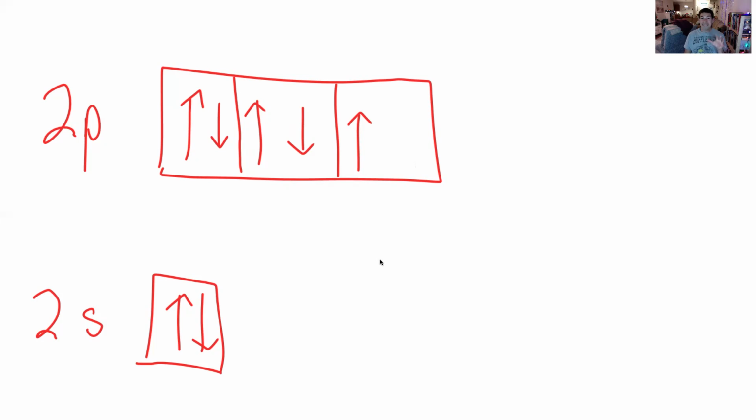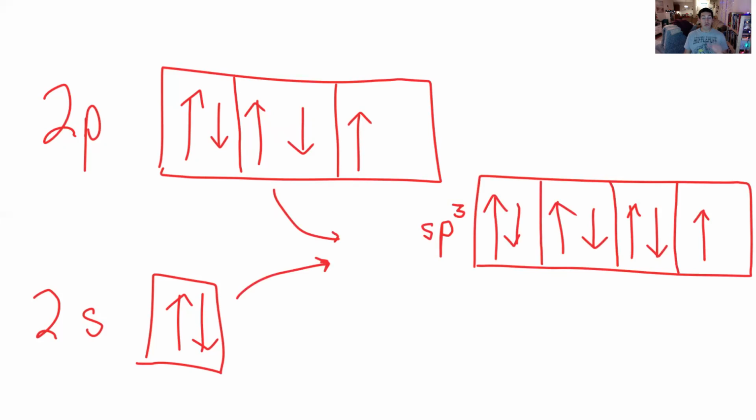Those 2 types of orbitals are going to blend together. We're going to get 4 sp3 orbitals. These 4 orbitals are identical to each other, and they are at a higher energy than the 2s, but a lower energy than the 2p. So overall, the sp3 orbitals will have less energy than the unhybridized form.